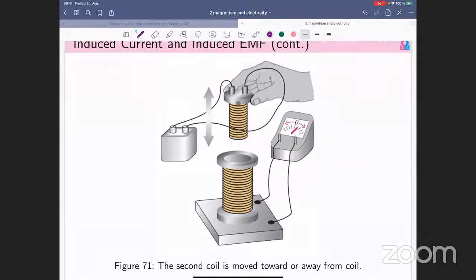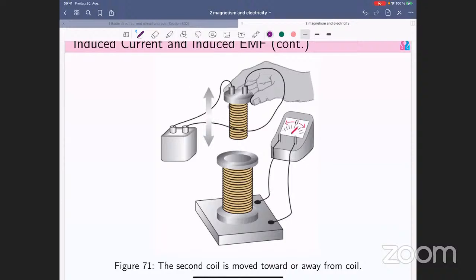There will be magnetic field lines out of this coil. If you move it, the needle in the ammeter is going to move to the left or to the right like this.